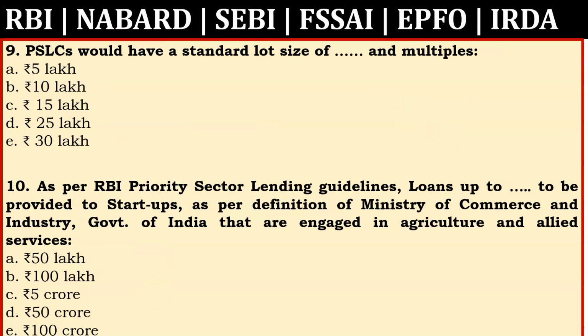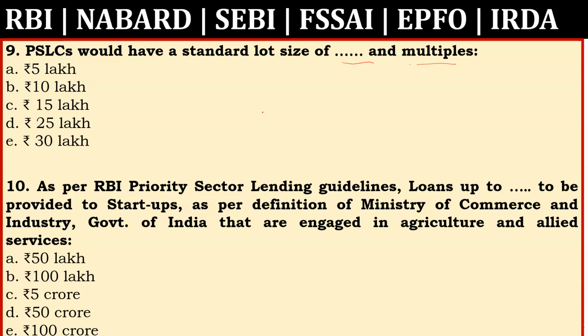Next question: PSLC would have a standard lot size of rupees dash and multiples. PSLC stands for priority sector lending certificates. These are certificates which can be used if there is a shortfall in priority sector lending.